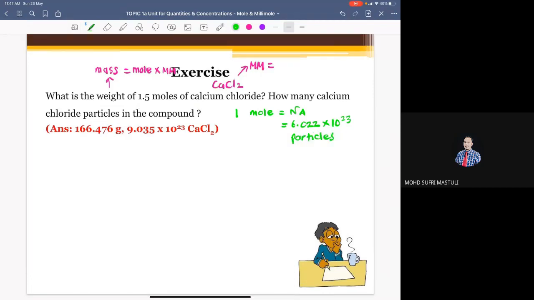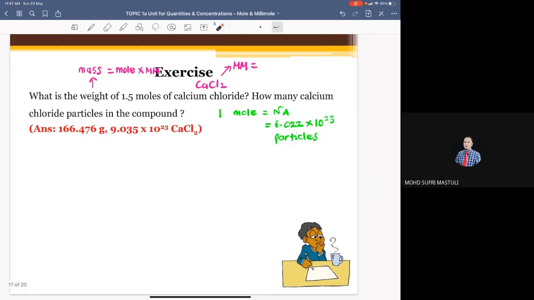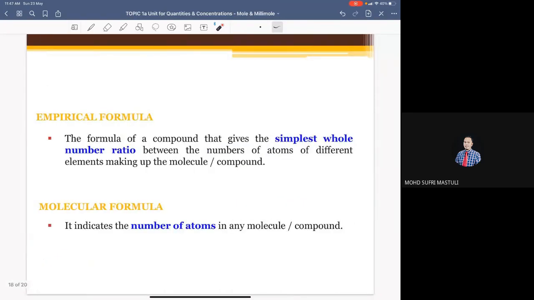So you are given the number of moles. By using this relationship, you can calculate 1.5 moles is equivalent to how many particles. You should try this exercise because the questions related to number of moles or the number of millimoles can be asked in various ways. You have to try several types of question.